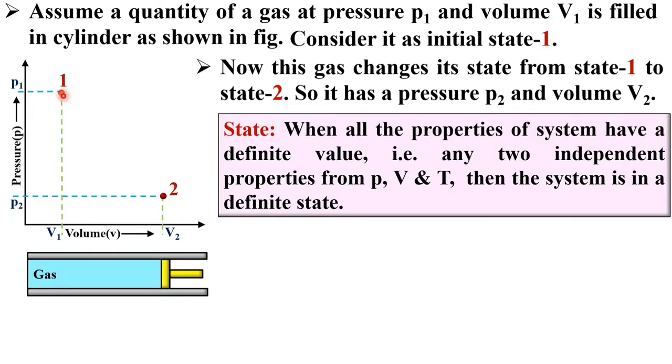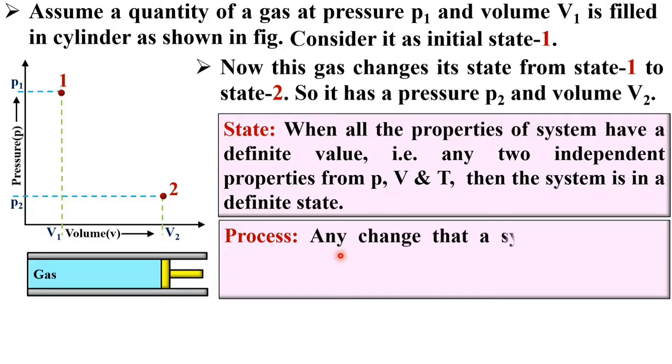State 1 is defined by the two properties of pressure and volume. Similarly, for state 2, there are two independent properties, pressure P2 and volume V2. So state 1 and state 2 both are defined by the independent properties of pressure and volume.